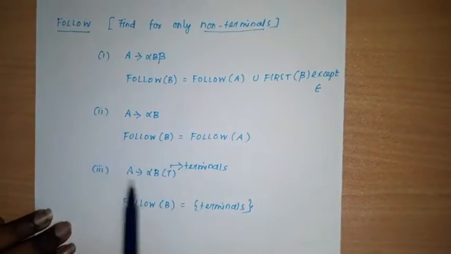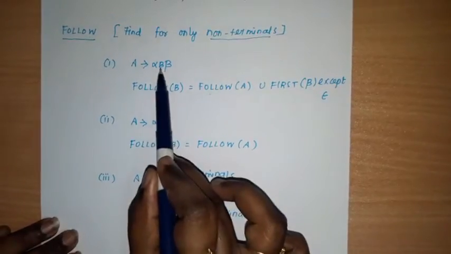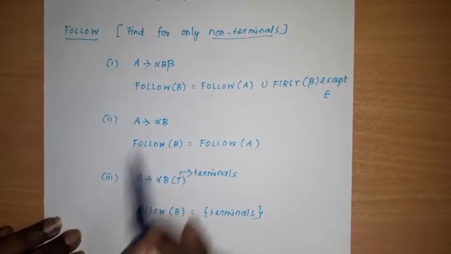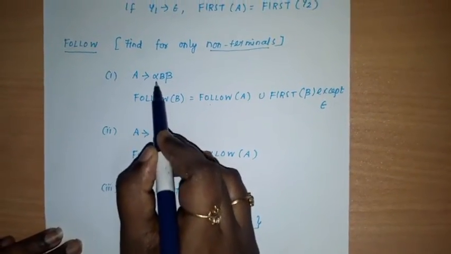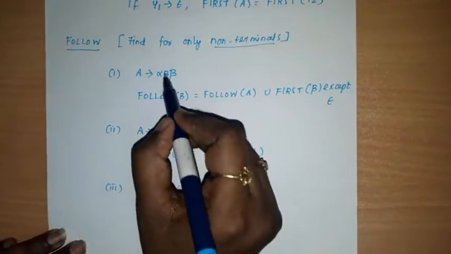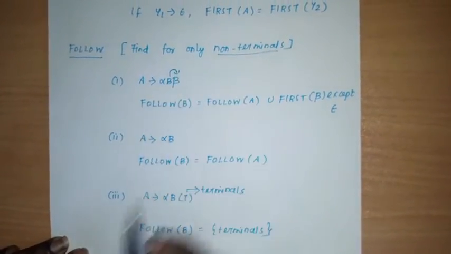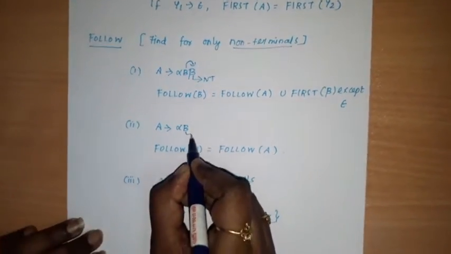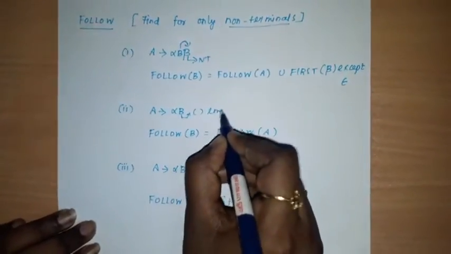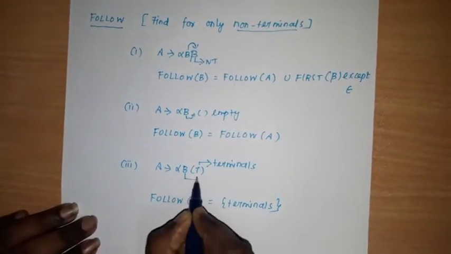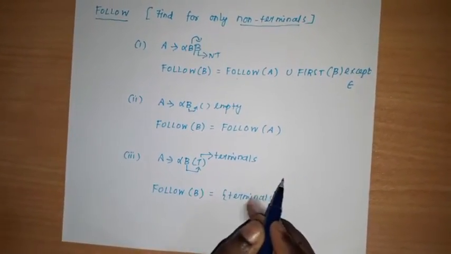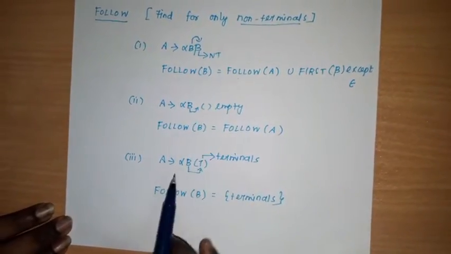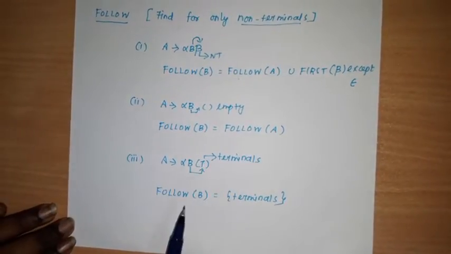Here, in these three rules, I am going to compute follow of capital B. B may be followed by a non-terminal, B may be followed by empty space, or B may be followed by a terminal symbol.